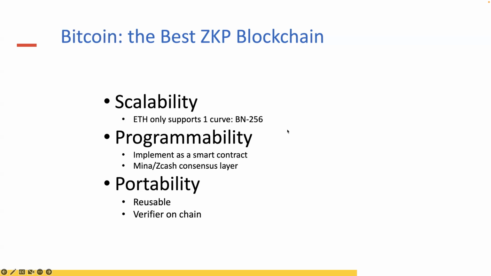As I mentioned, zk-SNARK also runs on some kind of elliptic curve, but it's not the Bitcoin curve. Usually it's called BN256. So here's the problem. For Ethereum, you can only support one curve. It's hard coded there. Otherwise the cost is going to be not $10, maybe $1,000 or even $10,000.